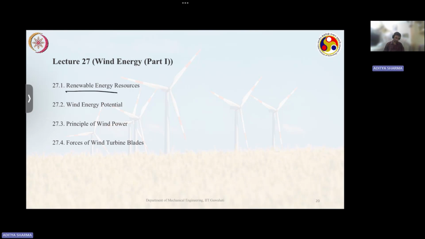So topics are renewable energy resources, wind energy potential, principle of wind power, then forces on wind turbine blades.